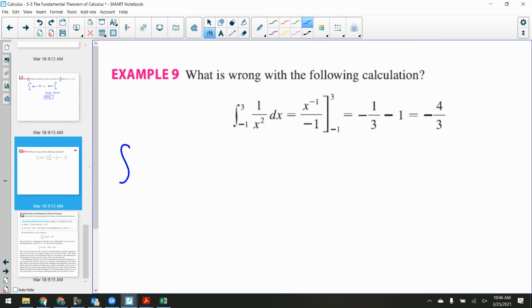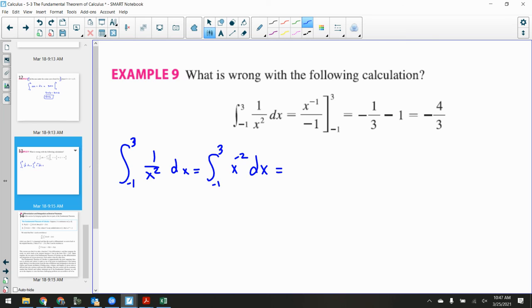Let's try to evaluate from -1 to 3 of 1 over x squared dx. Well, I like to write it as just an exponent. So this is really like saying from -1 to 3 of x to the -2nd, dx. So now let's take the antiderivative.